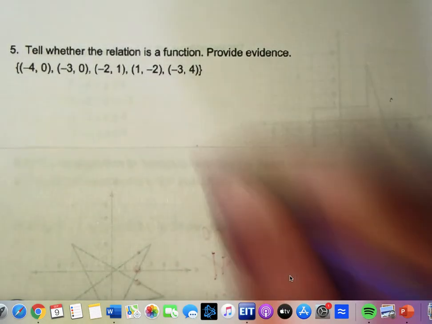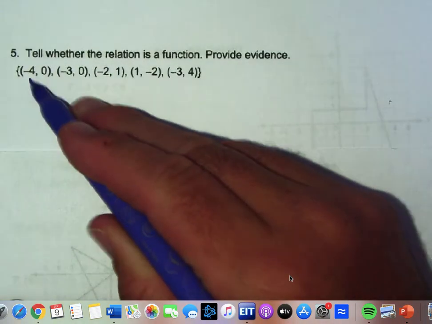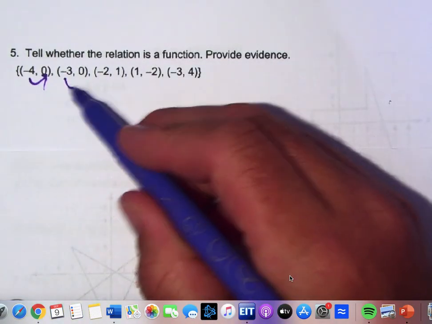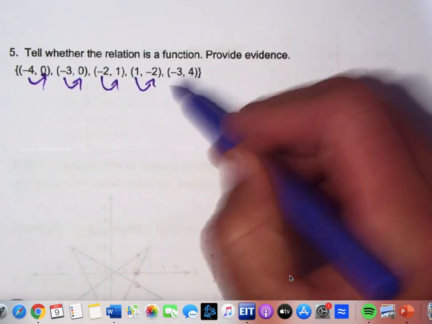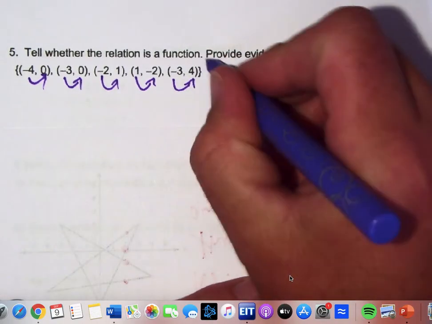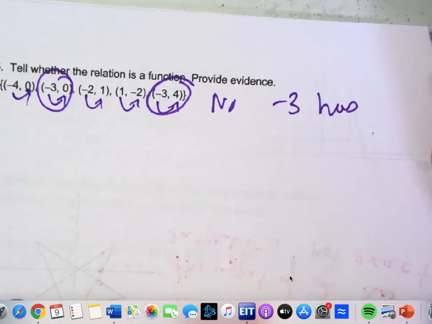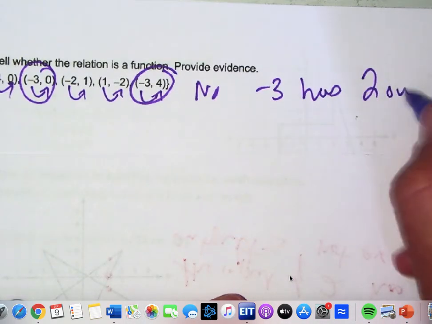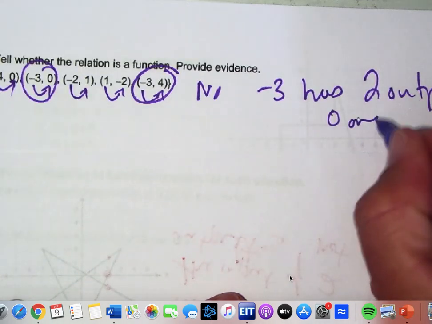It's hard for me sometimes to tell if it's a function, but let me see. -4 goes to 0. -3 goes to 0. -2 goes to 1. 1 goes to -2. Oh, here it is. No. -3 has 2 outputs, 0 and 4.